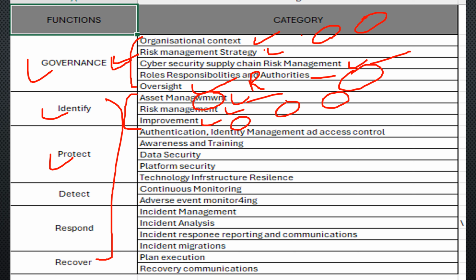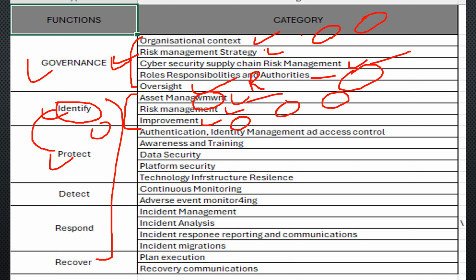Authentication, identity management, and access control, awareness and training, data security, platform security, and technology infrastructure resilience are the parts of this function. Once we identify the inventory and the assets involved in the organization, we need to protect them.